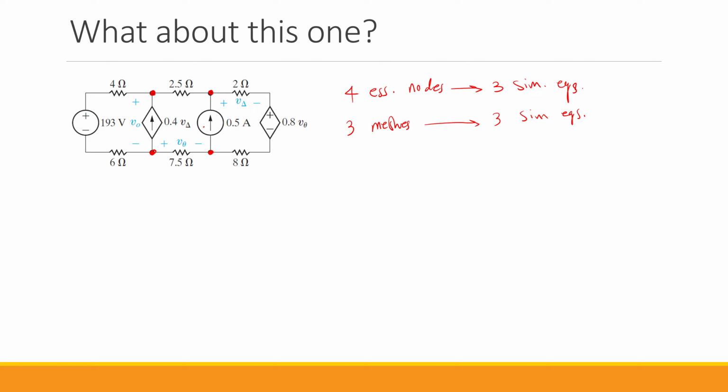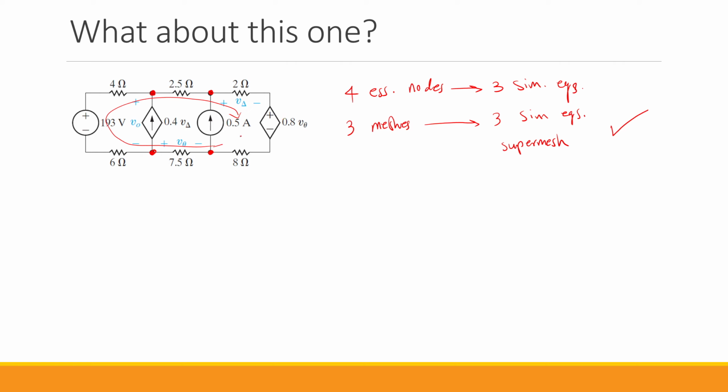So just by looking at these, we see that we can use the concept of super mesh to reduce the number of equations even further. So since this is the case now, the preference is with the mesh current method, because we can write the equation for this circuit by only doing one large super mesh. Of course, we need to have some constraint equations for these dependent current and voltage sources, right?